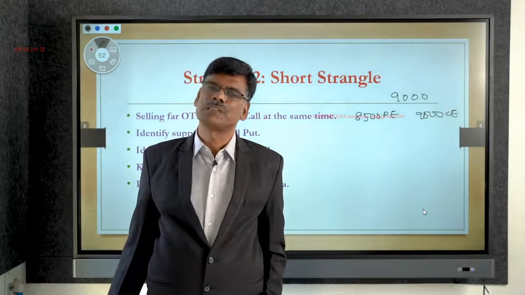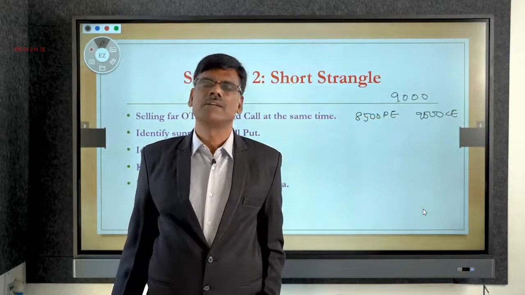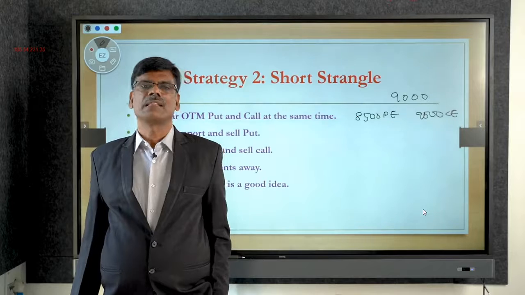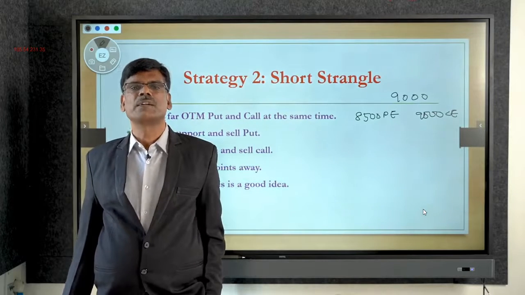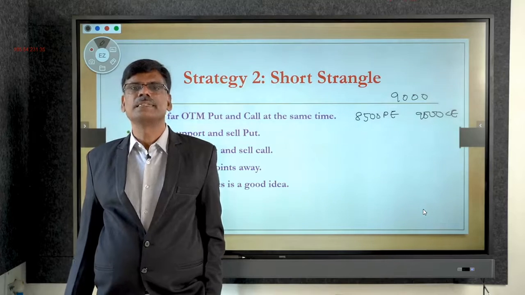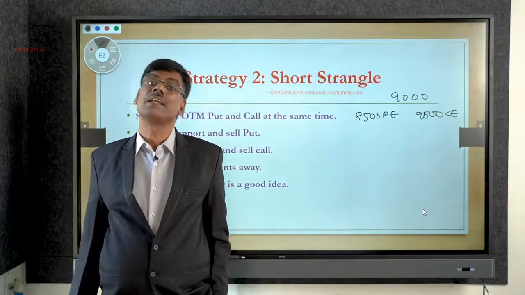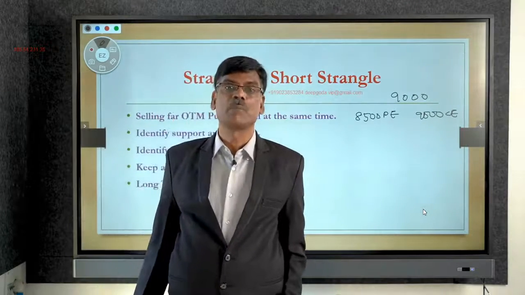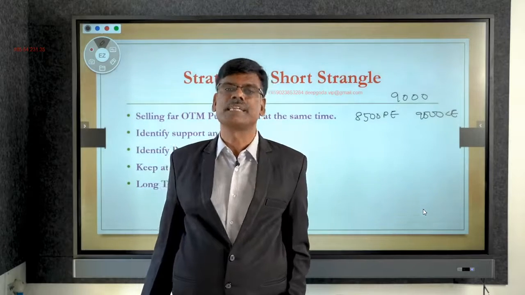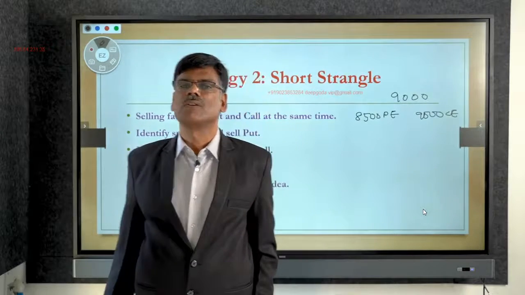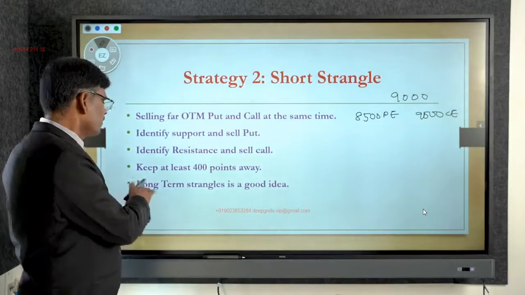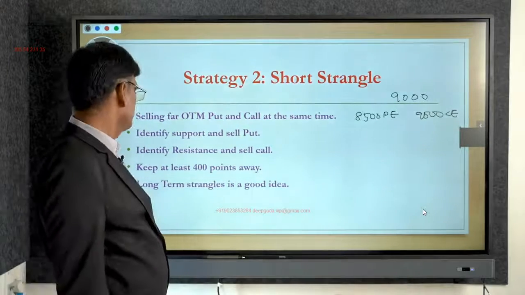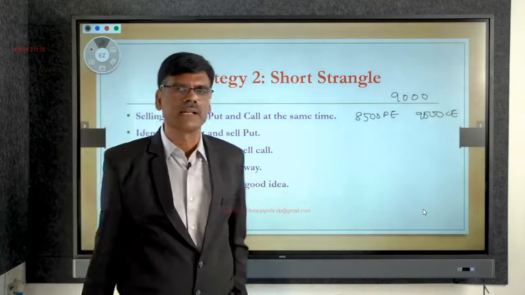You can keep such a wide margin and you can do it. And I think I already told you, and I'll tell you once again, Warren Buffett trades in these long-term options, typically expiring 5 years to 10 years, and far out of the money put options he sells. So that is also possible. And so long-term strangle is also a good idea.